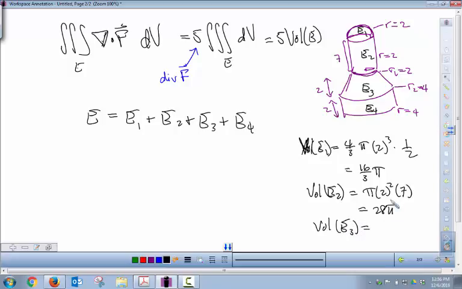I think the next one is a tough one. Well, I don't know. It's tougher than the others because we need to find the volume of a cone and then take out the other cone, or take out the top part of the cone. Or you can integrate, but let's just find the volume. I think we need to figure out the height. So we know that the height here is 2.